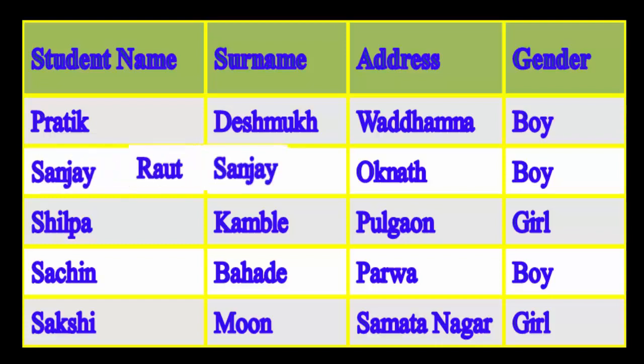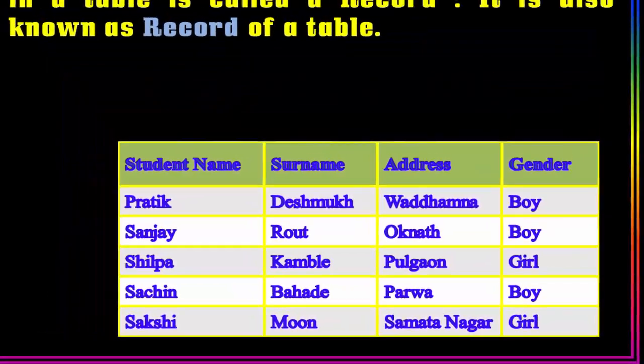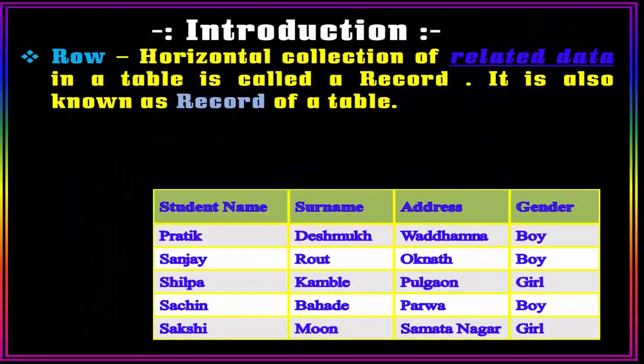No, because we exchanged the two values Sanjay and Rao. Therefore, the logical relationship that exists between Pratik and Deshmukh should not exist after exchanging the data values of the second record. Therefore, now the second record is not a record.